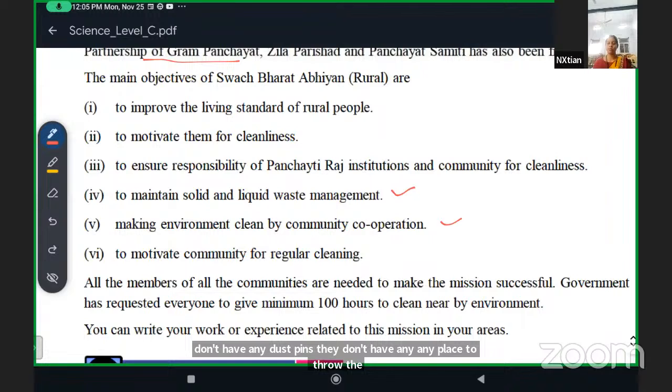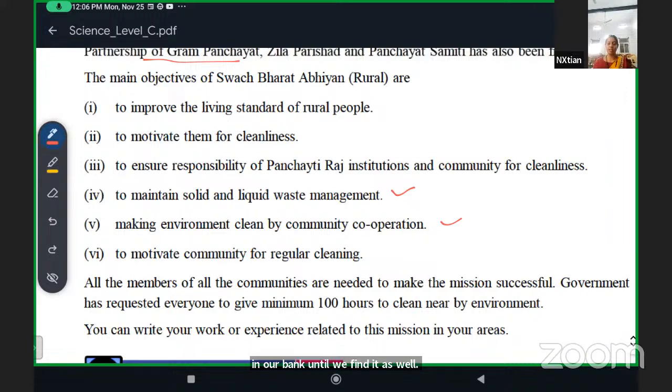In that situation, some of us keep whatever garbage or packet we have in our bag until we find a dustbin. But that is not what everyone is going to do. Some people will just throw it on the ground. That is why it's important to install dustbins at places.